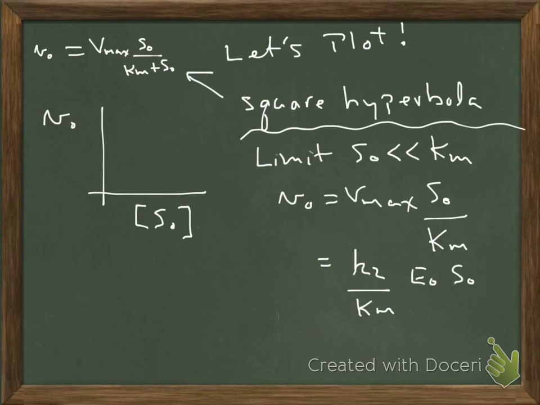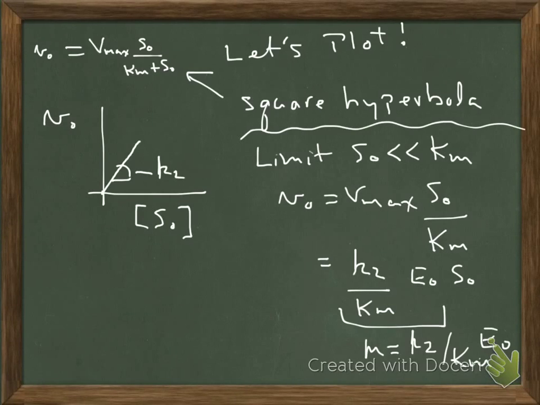In other words, this part at low S should be a straight line, y equals mx, whose slope is equal to k2 over Km times E0. And that's valuable. Sometimes people will actually plot it as V0 over E0, and then the slope is simply equal to k2 over Km.